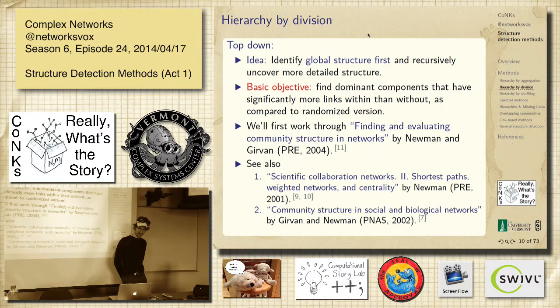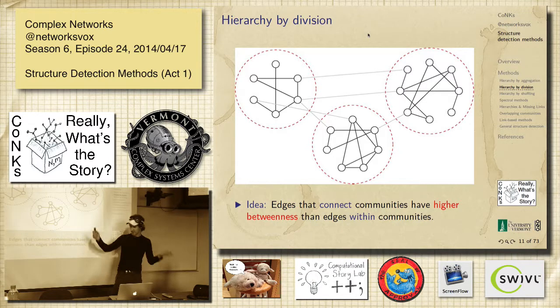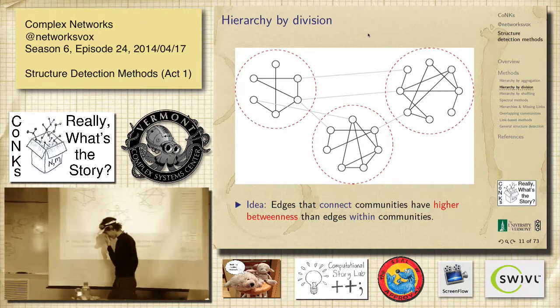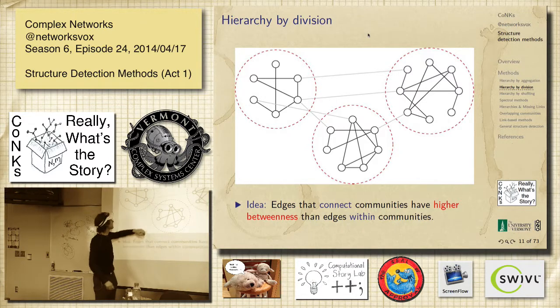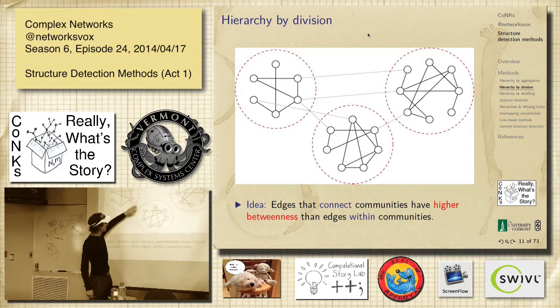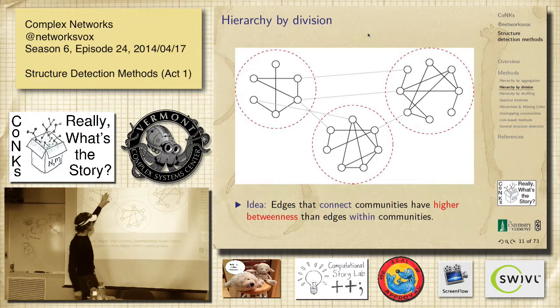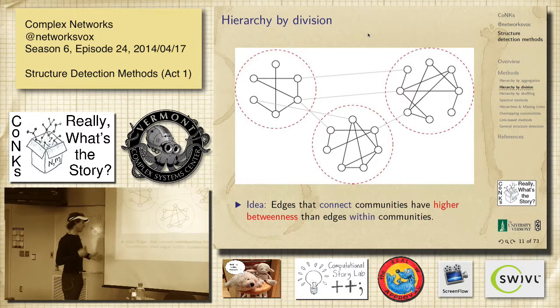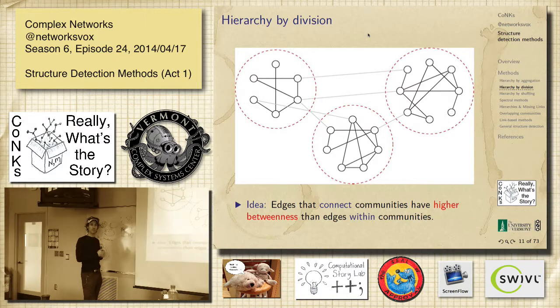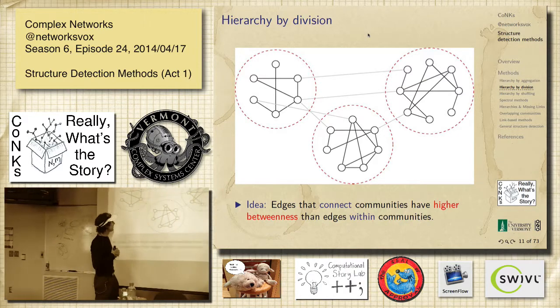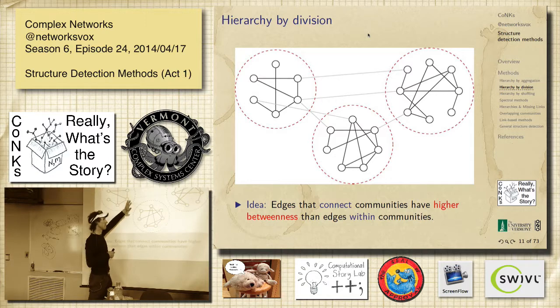Okay, so it's this picture I drew. The idea is that the betweenness of characters who are adjacent, so these ones here, here, and here, the ones that carry the connections between the groups, simply have a higher betweenness. So the game might be, let's build it up by division.